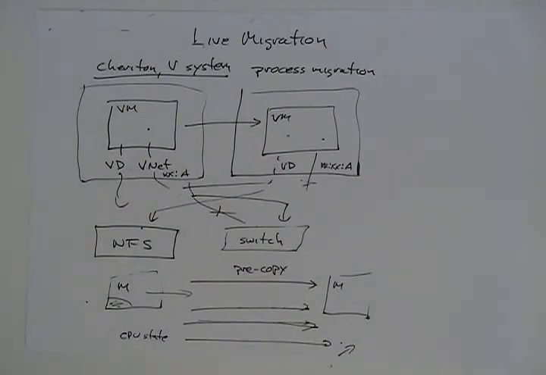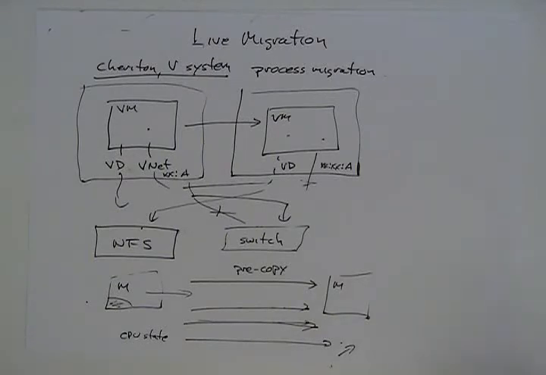And it turns out that you can do this in such a way that the downtime is measured in milliseconds rather than seconds, even if the entire copy process may take minutes. So you can, for instance, migrate a web server while the system is up and running and serving requests.